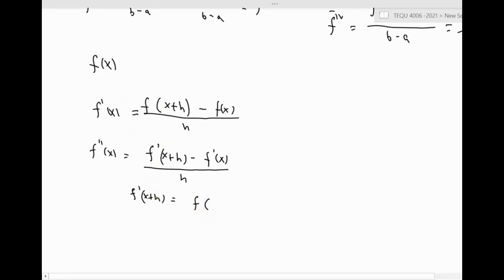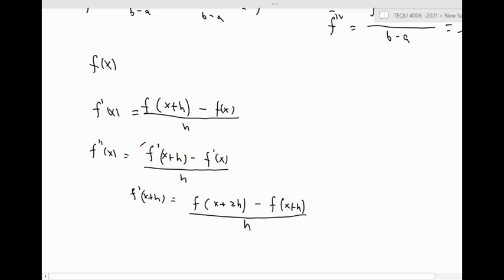So what happened with the h? You will have x plus 2h. See? And then what else do we have? Minus f of x, where x is again x plus h, and all that divided by h.